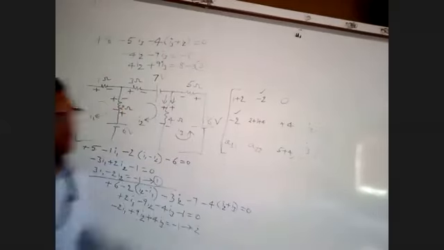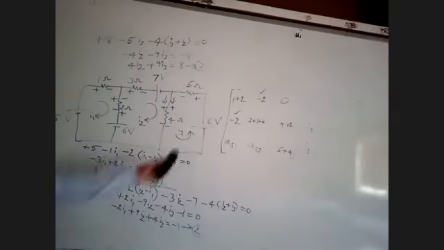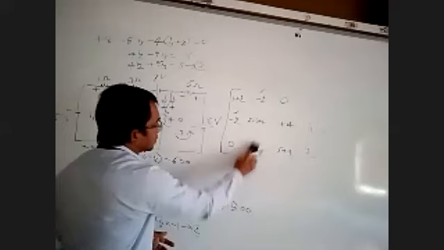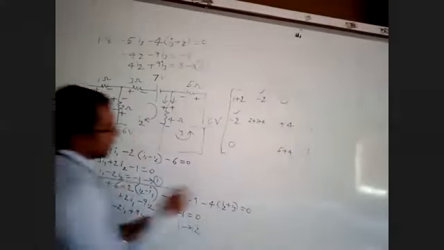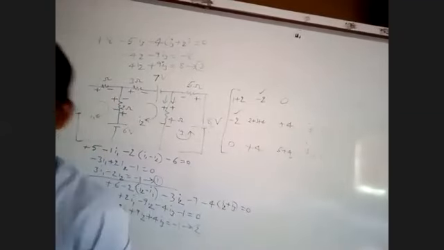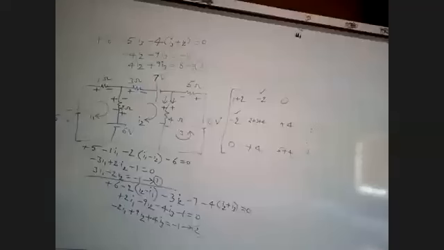Next, A31, third loop and first loop: 0. A13 is equal to A31. A32 is third and second: plus 4. A13 and A31 are the same. A23 and A32 are the same. Okay. This is the matrix. Write down the matrix.